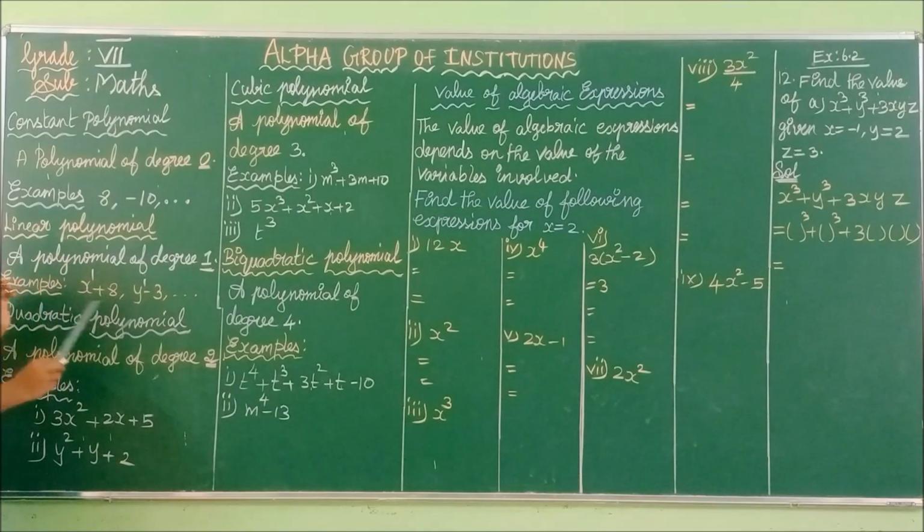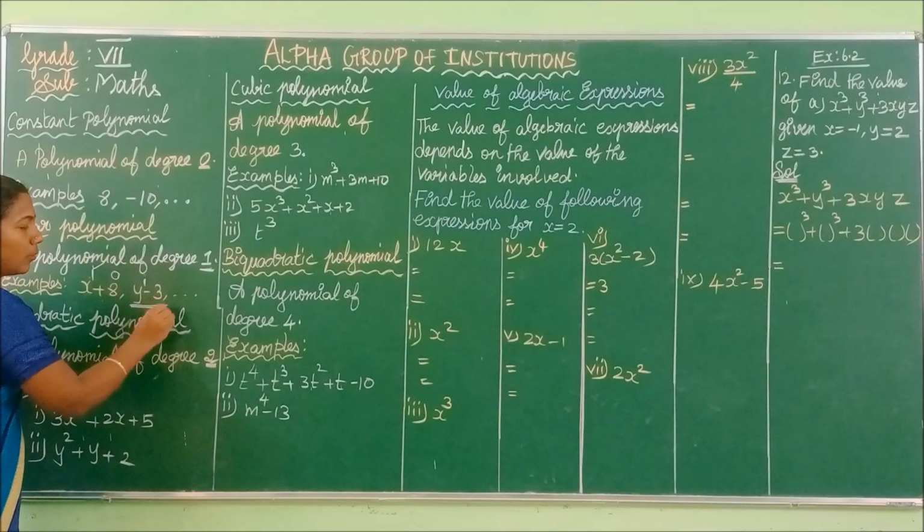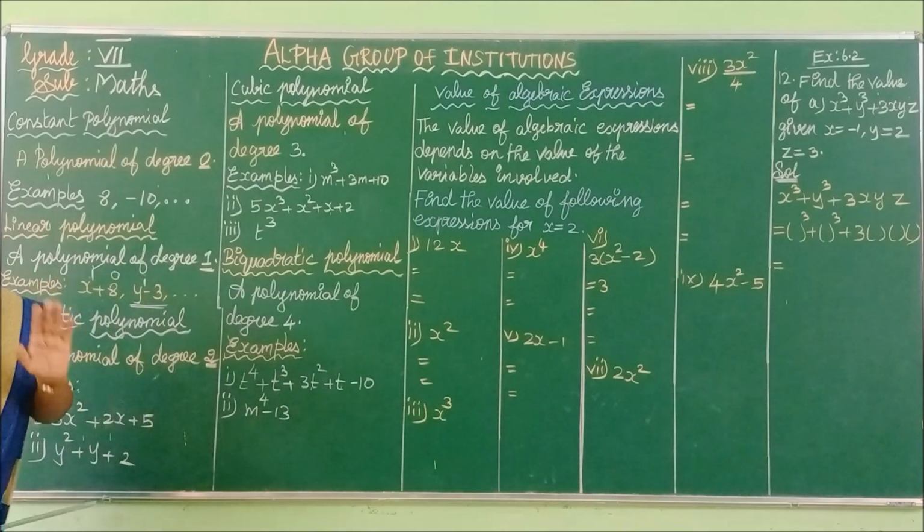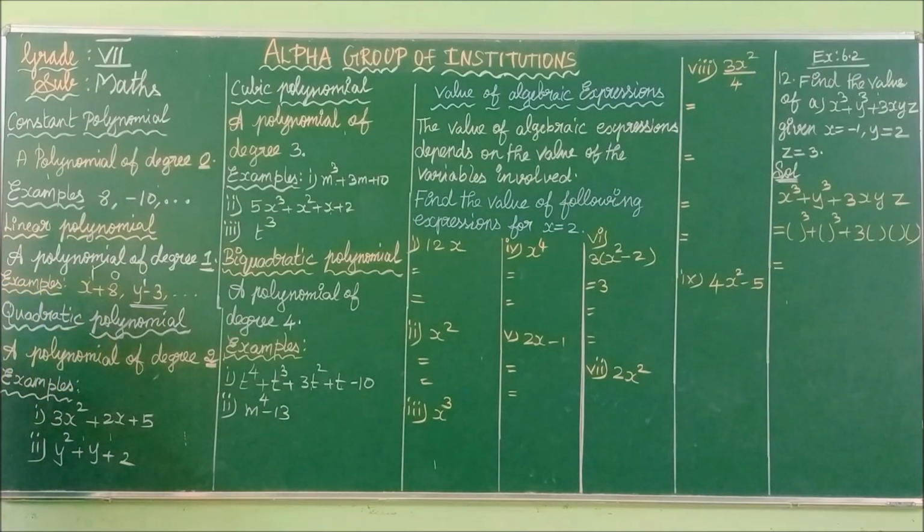What is the degree of this given polynomial? The degree of this term is 1, the degree of this term is 0. Among 0 and 1, which is the highest? 1. So the degree of the entire polynomial is 1. Similarly, the degree of this polynomial is 1. If any polynomial has degree 1, we can say it is a linear polynomial. Do you understand? Okay. See next one.